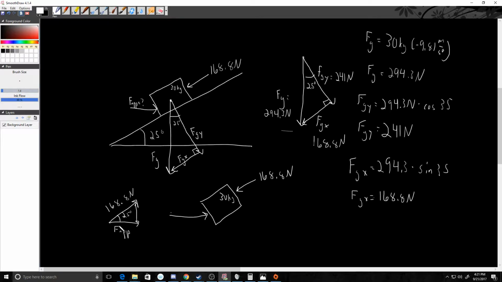So I'm going to go back to my trig. In this case, I know the hypotenuse, I know the angle, I need to know the side adjacent to my angle. So I'm going back to cosine. Really what we're finding is sine of 25 is equal to adjacent, or my force applied, over the hypotenuse, 168.8. All right, algebra to get that by itself.